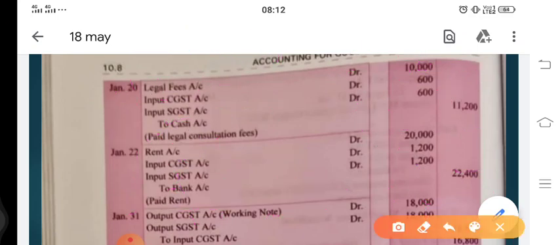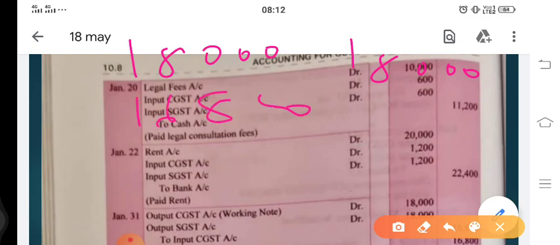Now as we already have discussed, we have collected 18,000 from the output in both the cases, whereas to collect this output we had paid 16,800. When I sold goods I collected 18,000 for the government, but when I was purchasing those goods I paid 16,800 to make this 18,000.